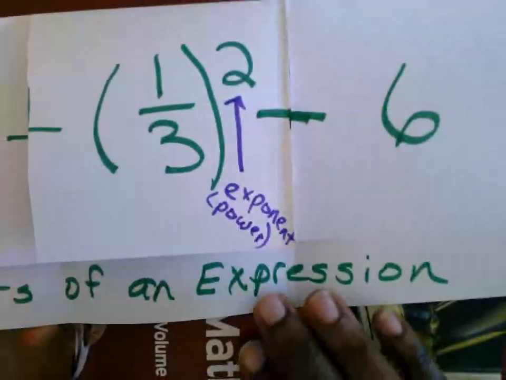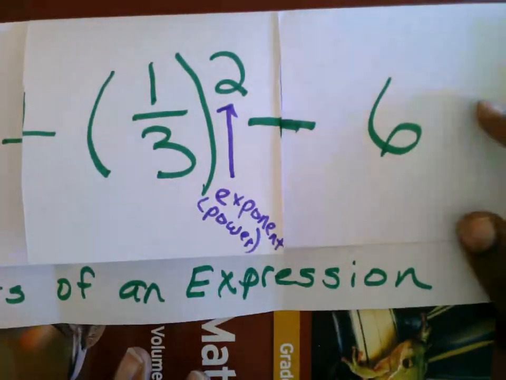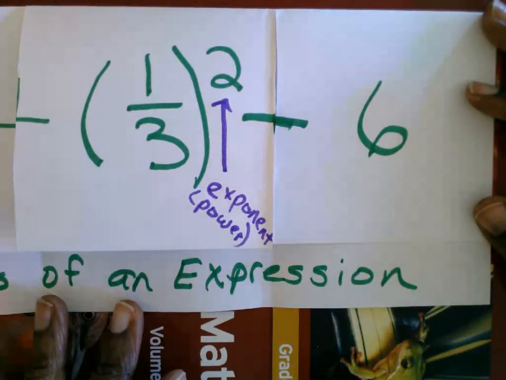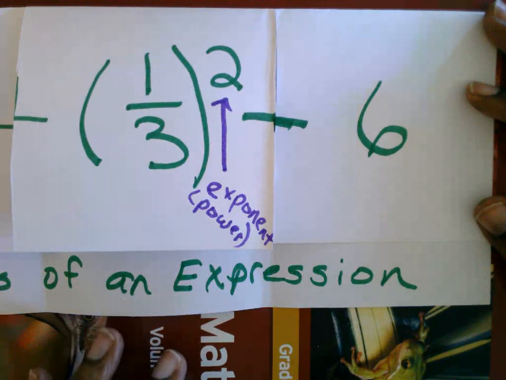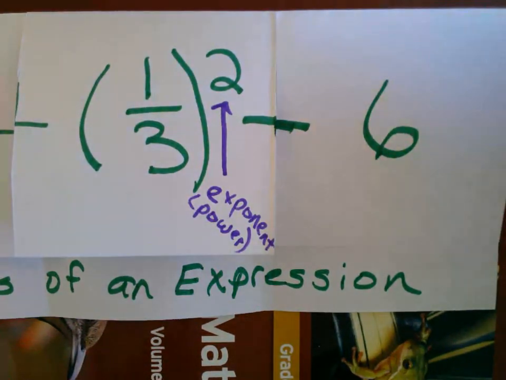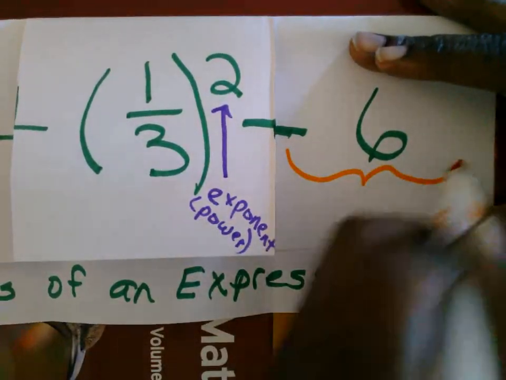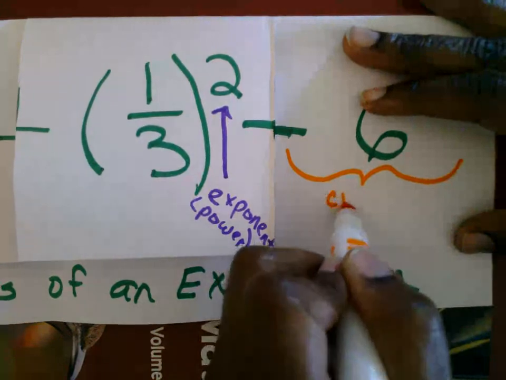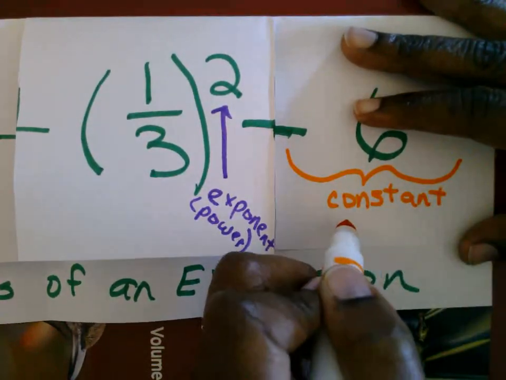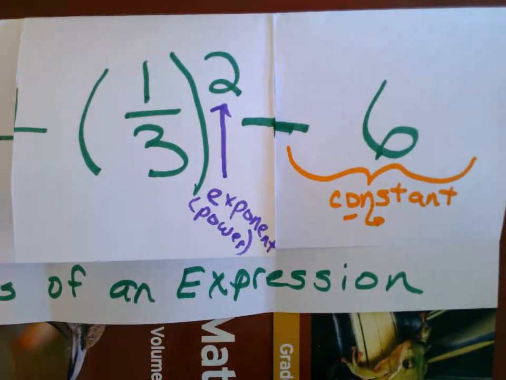That 2 is an exponent, also known as a power. This one is called a constant, and it is -6.